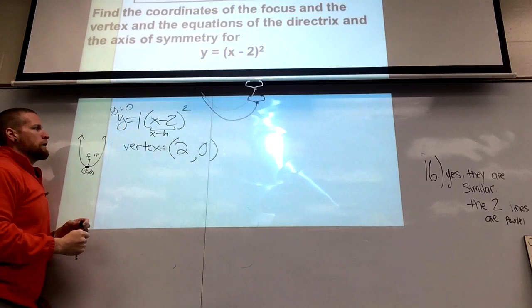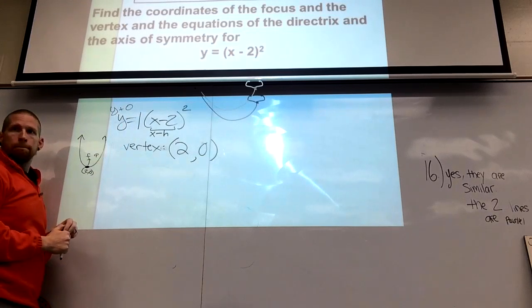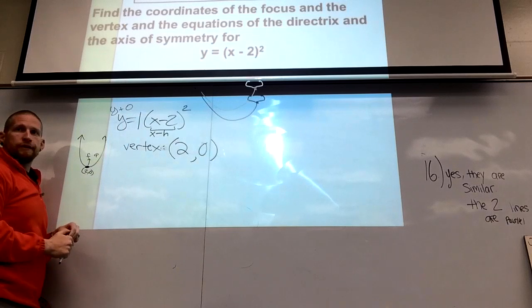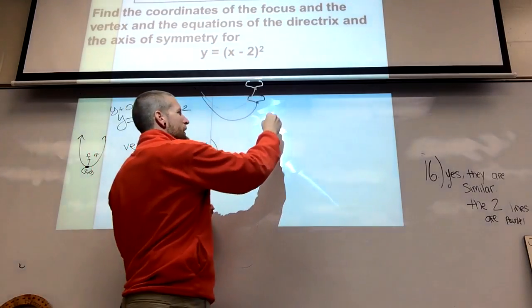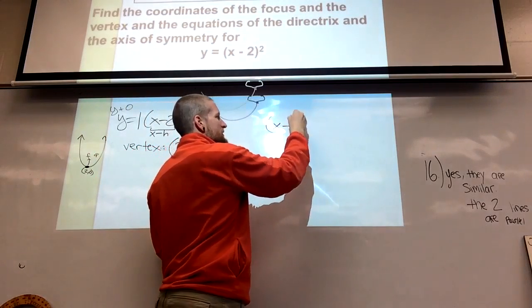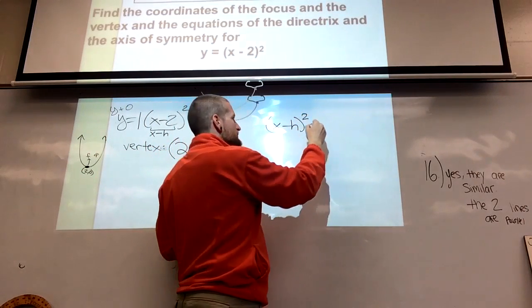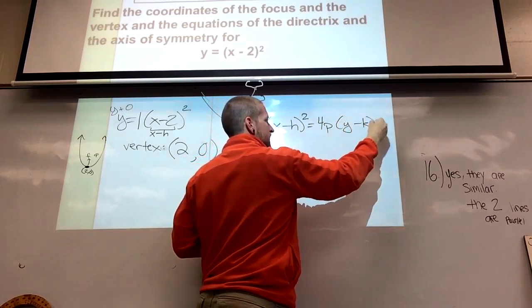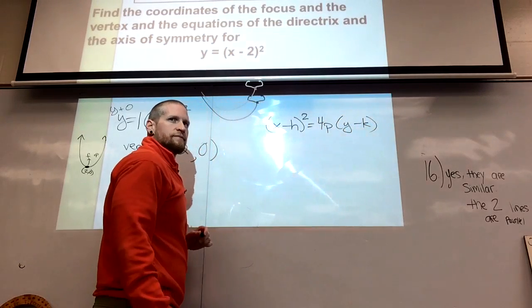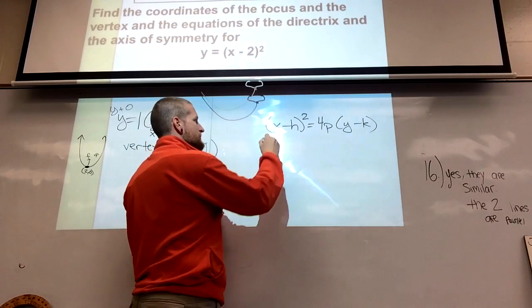Okay. Yeah. I'm really confused on how that's standard form. That's what it is. What did I have for standard form? X minus h, not equals 4p y minus k. I got that. That equation looks nothing like that.